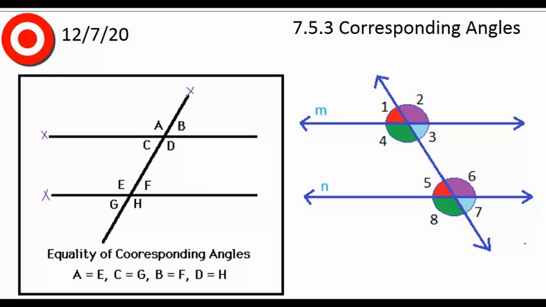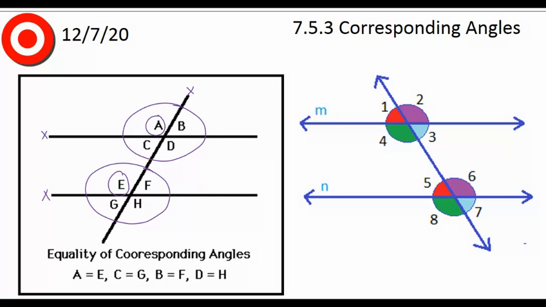So in either transversal, angle A and angle E are equal to each other, because the best way to think about this is we have two intersections that are created. The first intersection is right here. It created angles A, B, C, and D. Our second intersection is right here, and it created angles E, F, G, and H. And in those intersections, the corresponding angles are equal.